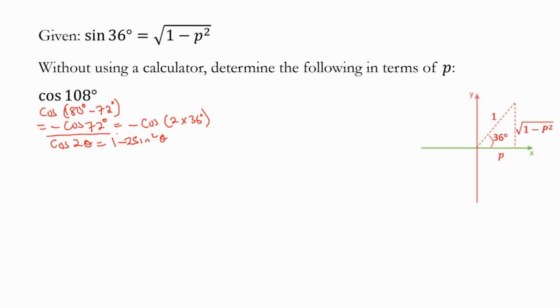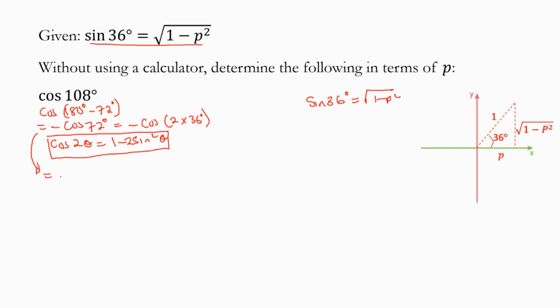We're going to use this one and see if we get the same answer. We need sine squared theta from our diagram. Sine 36 degrees is equal to the square root of 1 minus p squared.